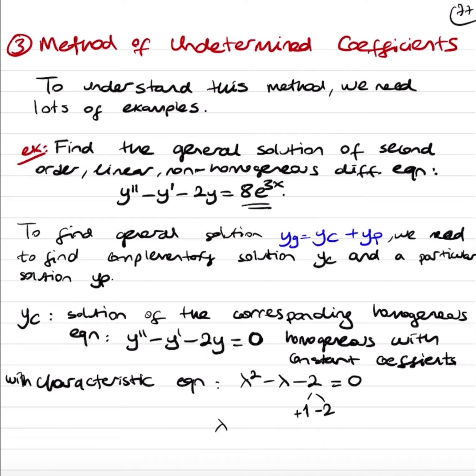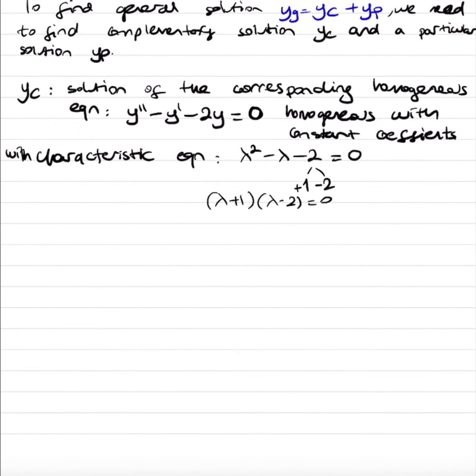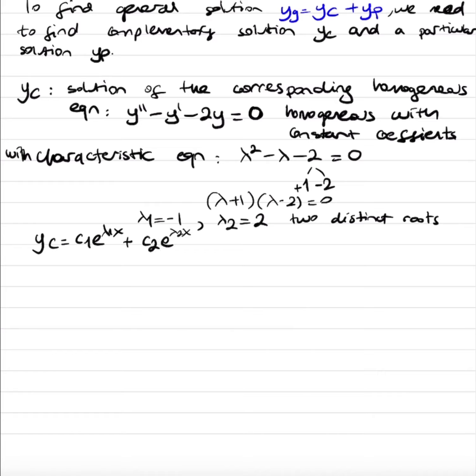So we can write (lambda plus 1)(lambda minus 2) equal to 0. Then what are the roots of the characteristic equation? We have two distinct roots, and in this case we know the solution is c1 e to the power lambda 1 x plus c2 e to the power lambda 2 x.